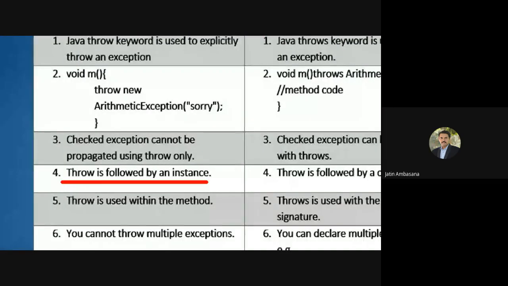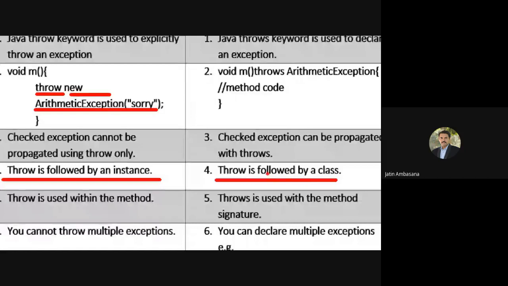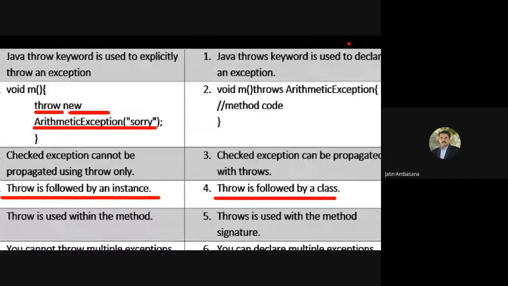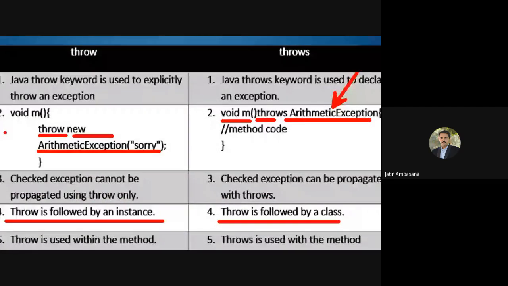Throw is followed by an instance. So you say throw and then you create a new instance, new exception name. Throws is followed by a class. Here it is written as void m throws class name. So throws is followed by a class name, whereas throw is followed by an instance.